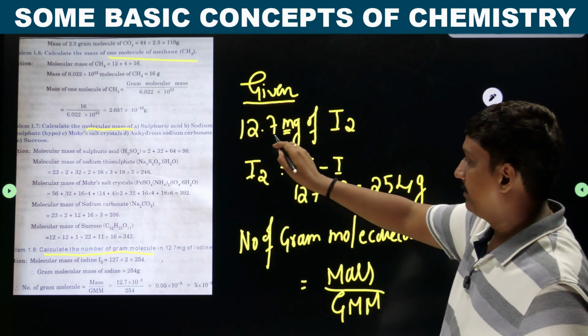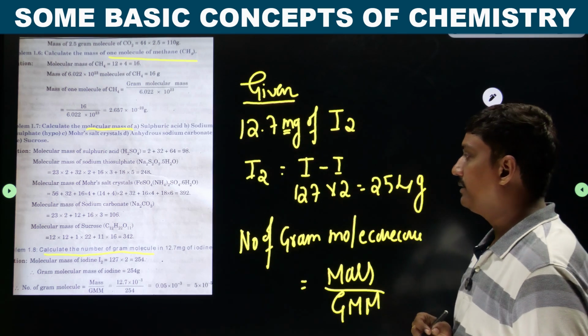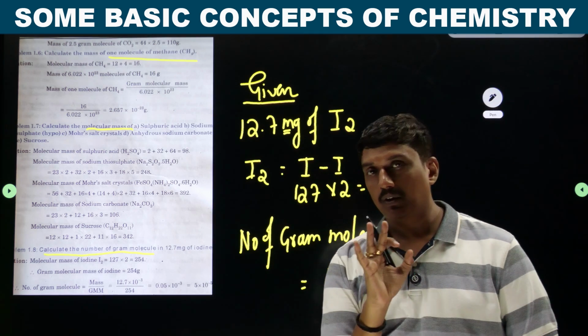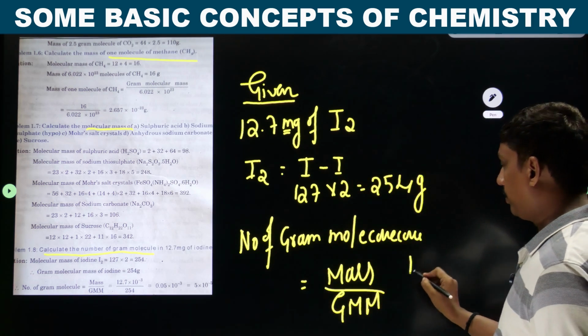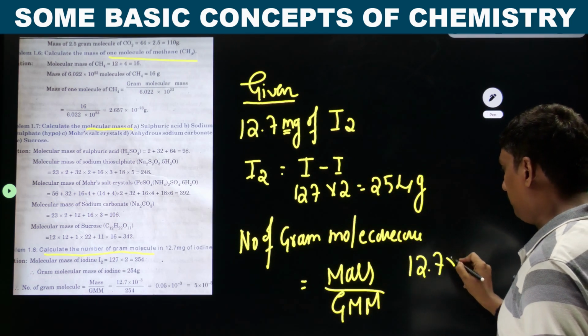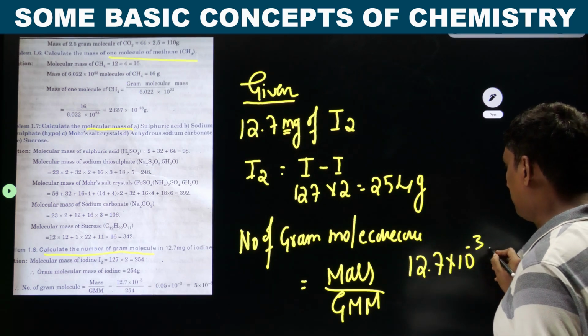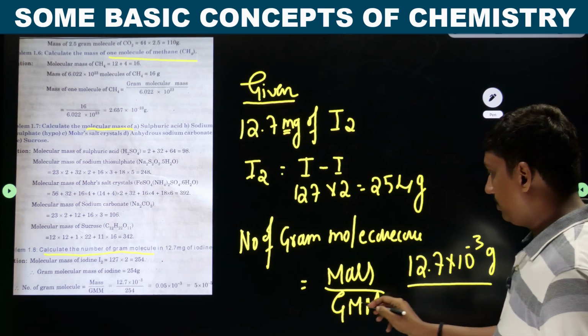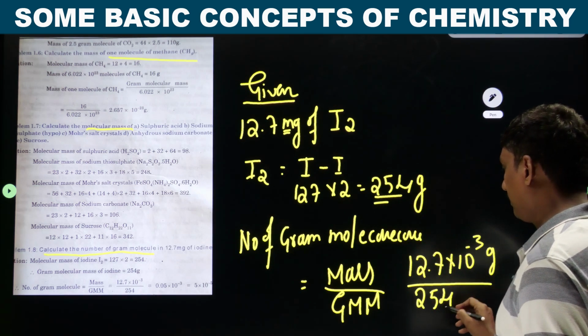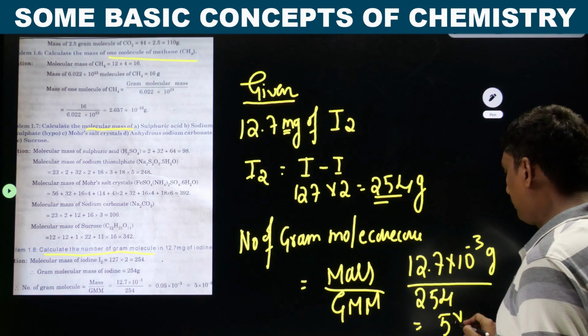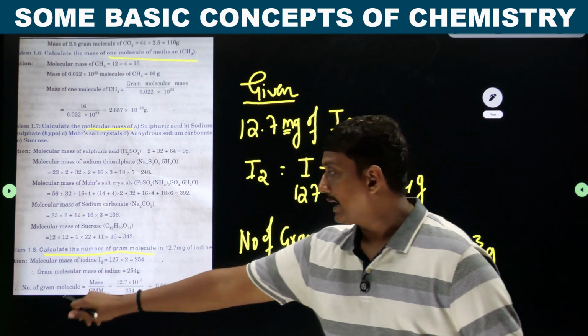How much mass is given? It is given 12.7 mg. So we are not taking milligrams. It should be in grams. Mass 12.7 milli means 10 to the power minus 3 grams. So gram molecular mass you have calculated, 254, which is equal to 5 into 10 to the power minus 3 gram molecule.